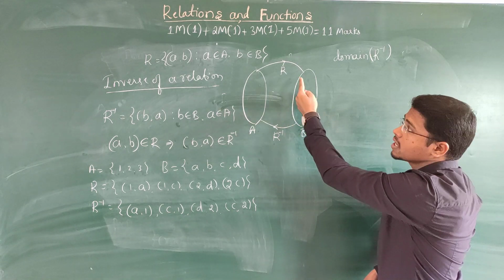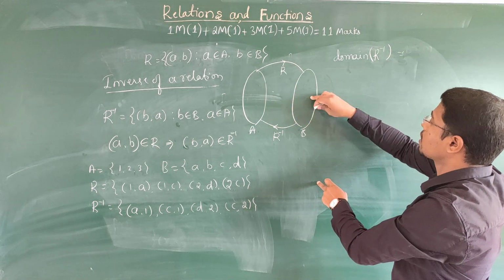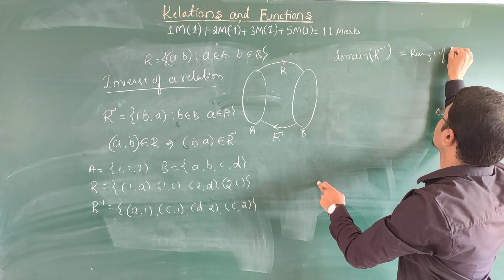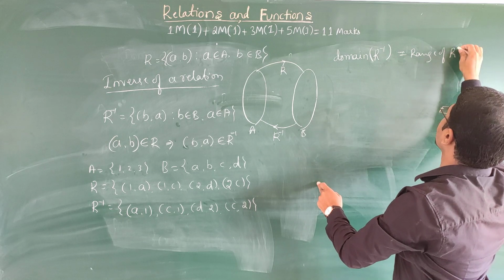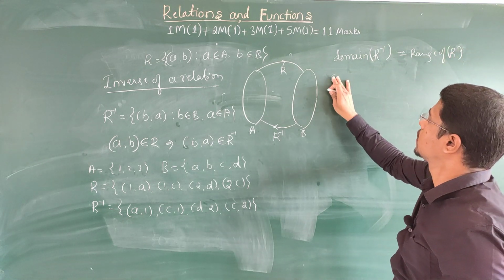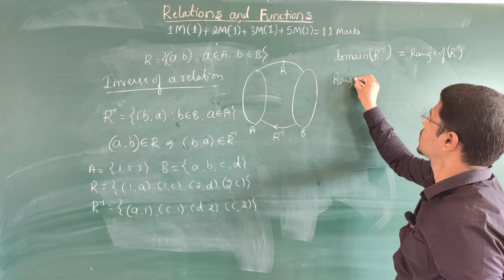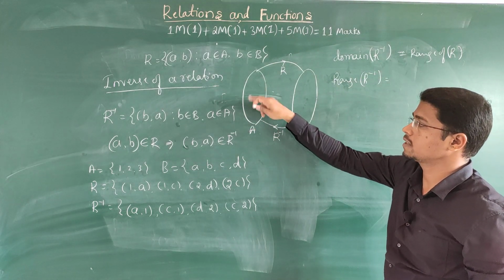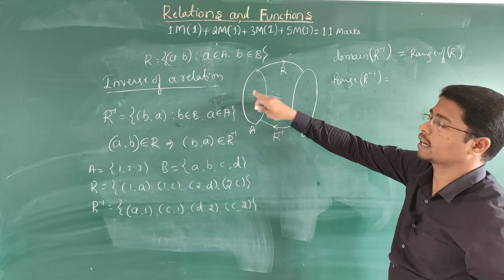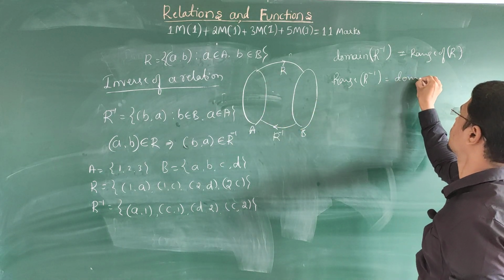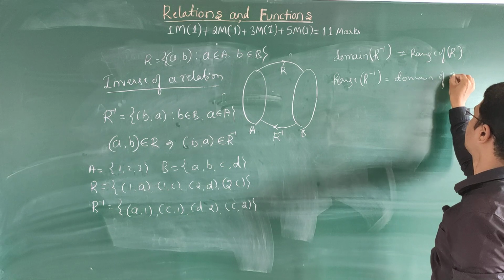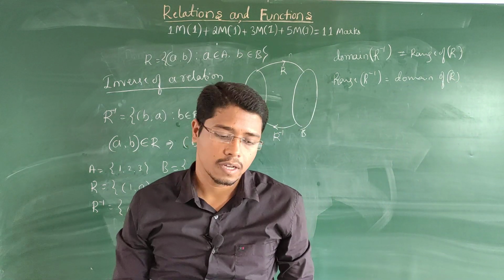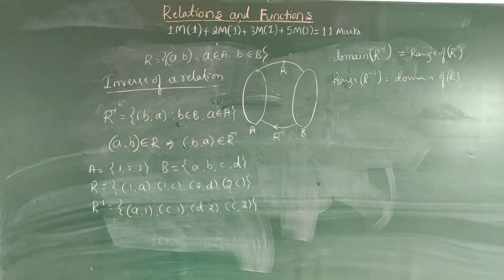That is nothing but the range of R. Domain of R inverse is the range of R. Next, the range of R inverse is A, which is the domain of R. Therefore, the range of R inverse is equal to the domain of R. So this is regarding the inverse of a relation.